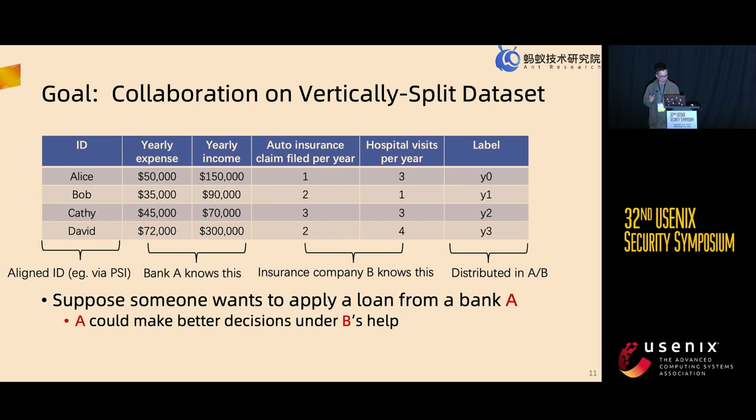And here is our goal. In our paper, we work in a vertical partition setting. That is, the attributes are distributed across two parties. For example, a bank holds some of the attributes, and an insurance company holds the other attributes.